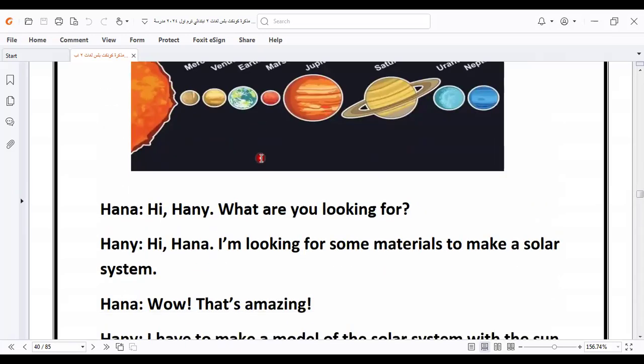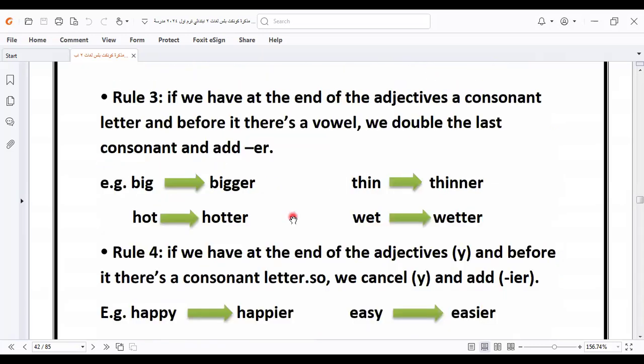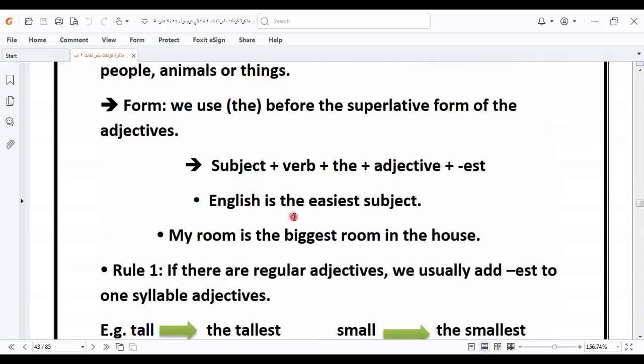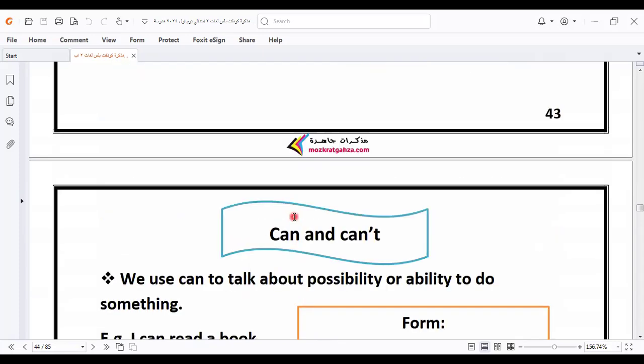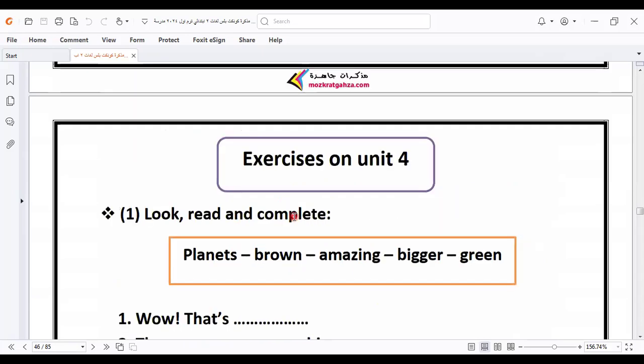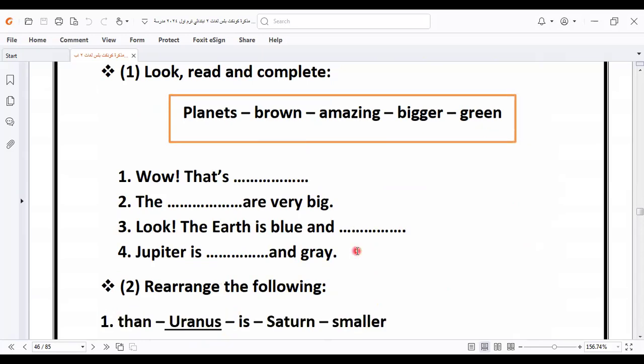Okay, so here we have Jupiter is brown and gray. The Earth is blue and green.